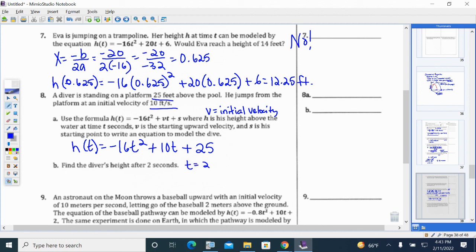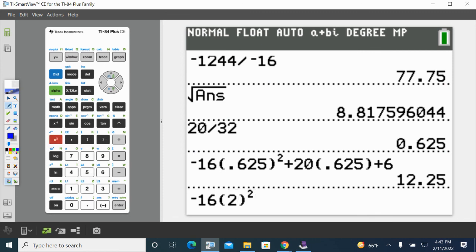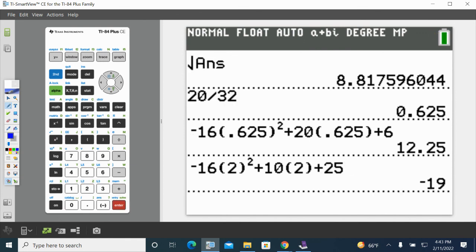T equals 2. So I'm going to plug that in. So I've got negative 16 times 2 squared plus 10 times 2 plus 25. And we get negative 19.